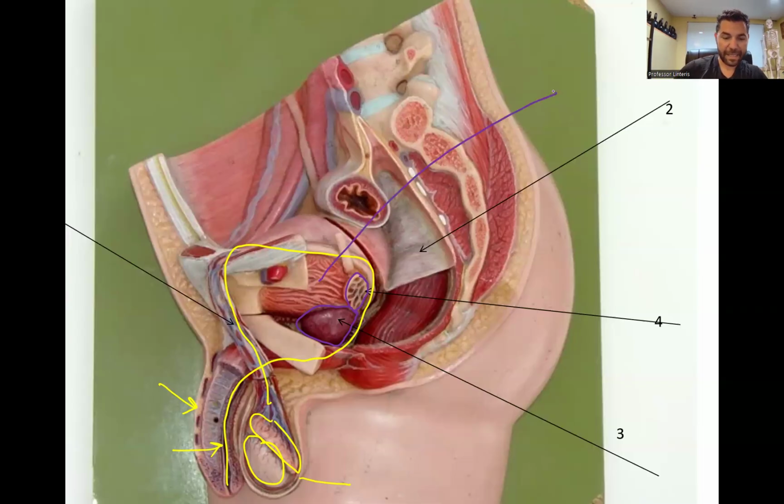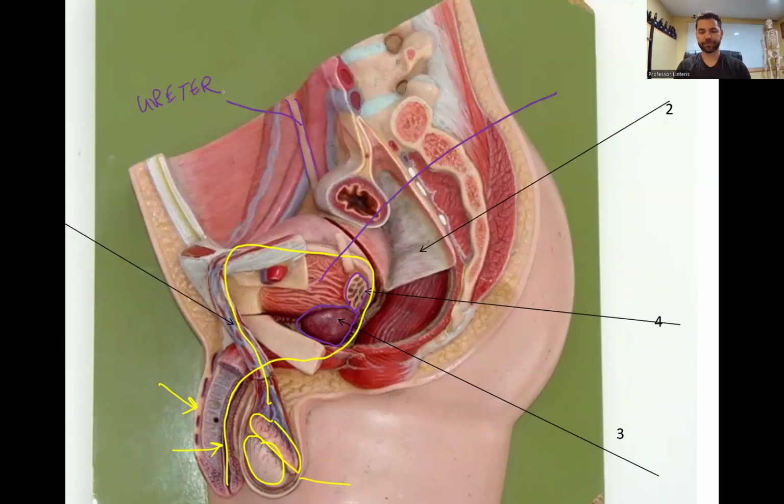The last one is the ureter, which was not labeled on the other one, but I drew an arrow in for you. It takes the urine from the kidneys and drains it down and fills up the bladder. Then when your bladder stretches, you're ready to void your urine, and it comes out the urethra.